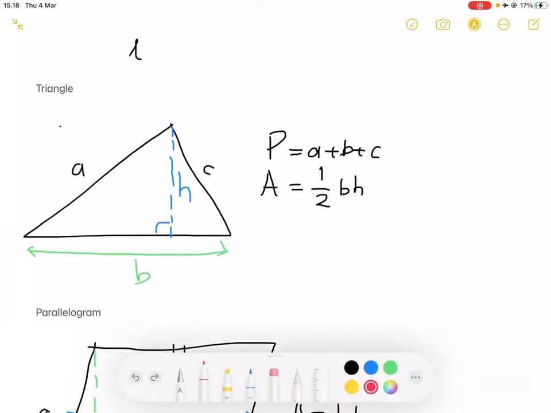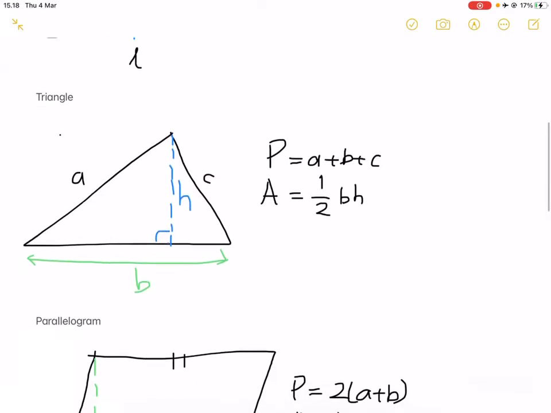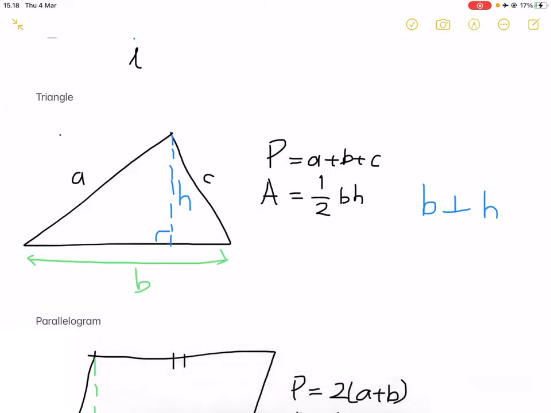Like I said, the perimeter is just the sum of all sides, which is A, B, and C given here. And the area of this triangle is a half times base times height, where the base, which is B, must be perpendicular to the height H.